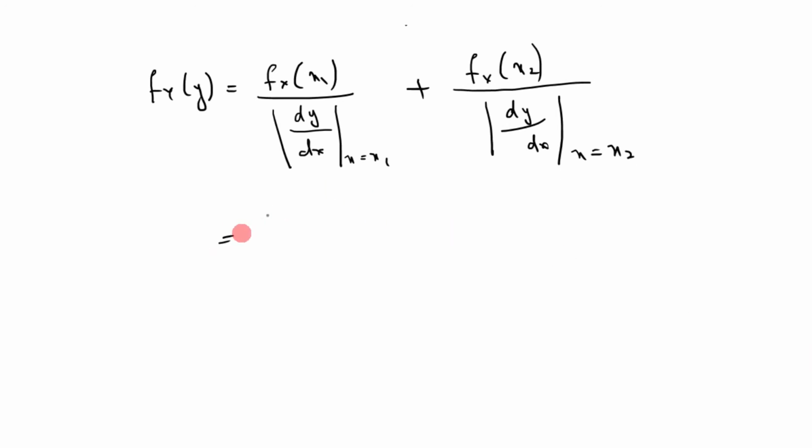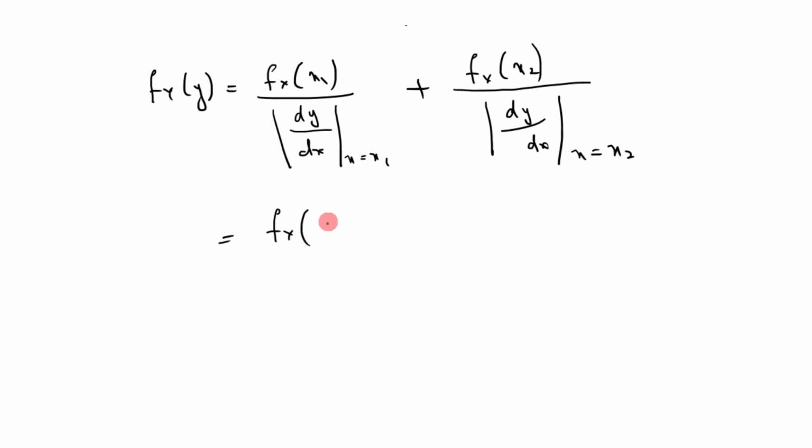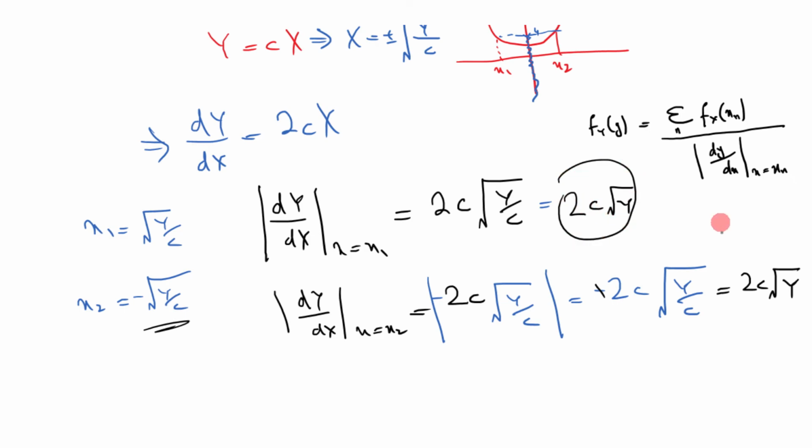So here fx of x1, where x1 equals under root y over c, divided by 2 under root cy, please make this correction, it is 2 under root cy, because we are rationalizing this.